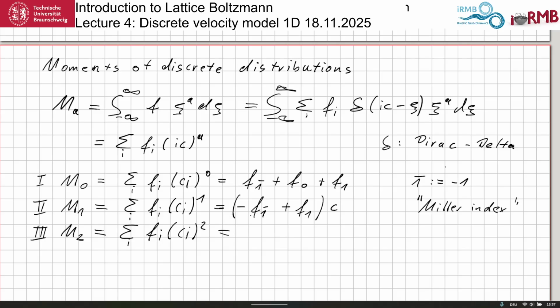Obviously we no longer distinguish between negative and positive, but if i is 0, this will disappear, so we have F minus 1 plus F1, times C squared.